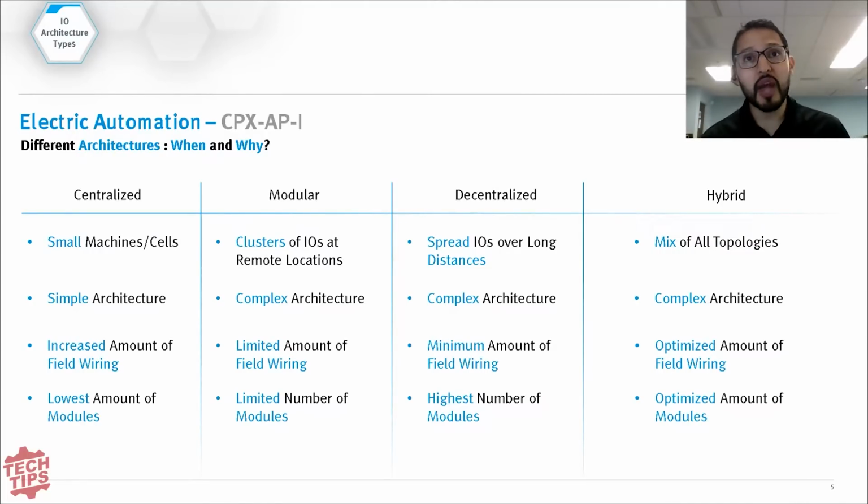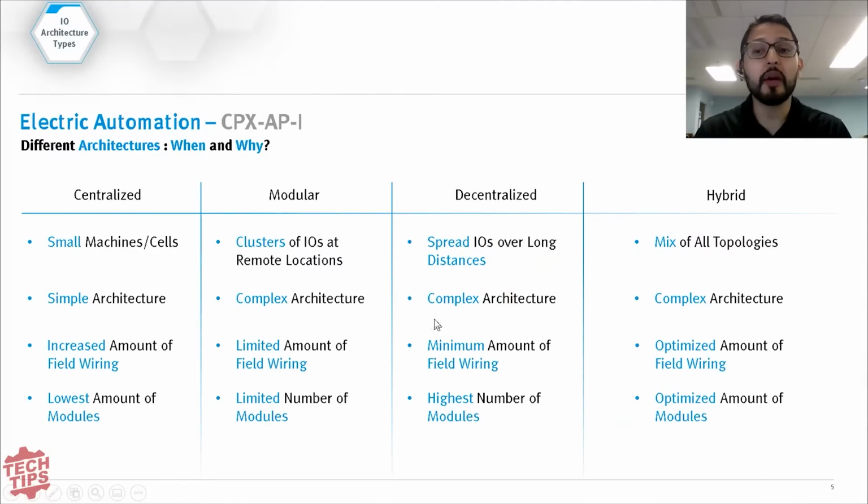Nowadays, for example in the packaging industry, you have these huge, very lengthy conveying lines, and it would be very difficult to bring all of those cables back to a single point. So in those cases, it makes a lot of sense to use a decentralized approach, because now you have I/O scattered throughout long distances.